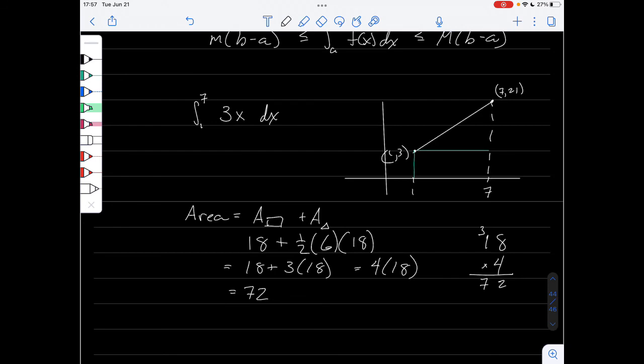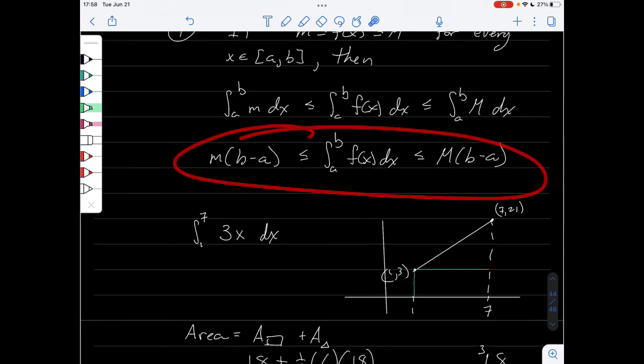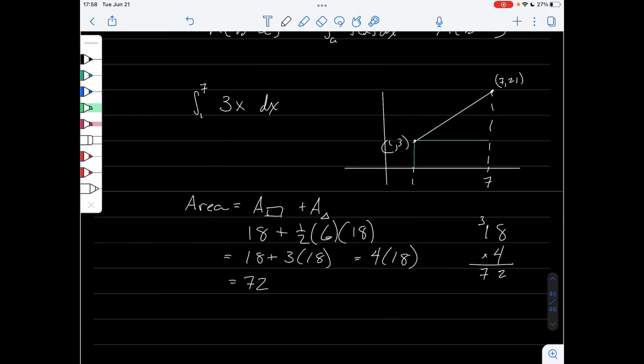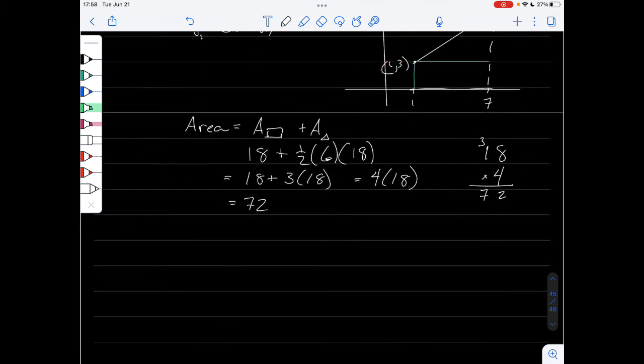Now, we want to confirm that property 4 holds here. So let's pick our biggest possible lower bound here. And everything on this interval from 1 to 7, our function lies above the line 3.